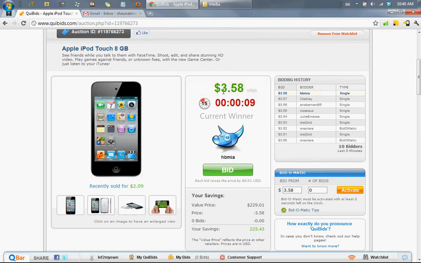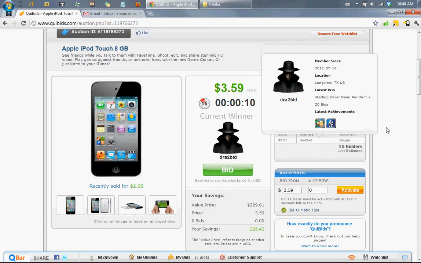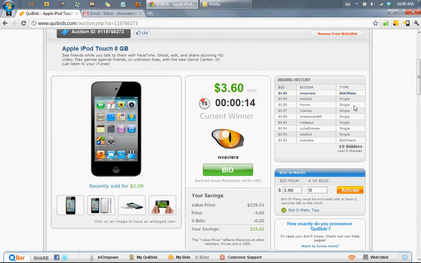So a motivated bidder, and my definition of a motivated bidder is someone who has placed multiple bids in a fairly frequent manner, trying to be the current winner.